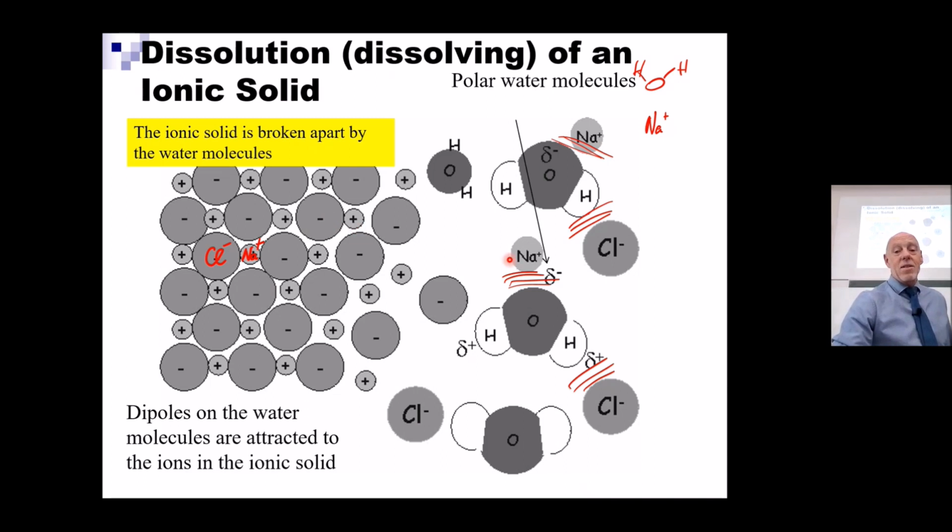If you put them in water, I've already showed you that water is polar. So the negative side of the water molecule will go to the positive ions, and the positive side of the water molecule will go to the negative ions. Lots of water molecules gather around these ions and they just pull them apart, like piranhas attacking one of those little birds that falls into the Amazon River. It's pulled apart by piranhas. And that's what happens when something dissolves.